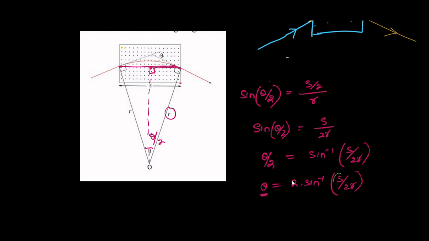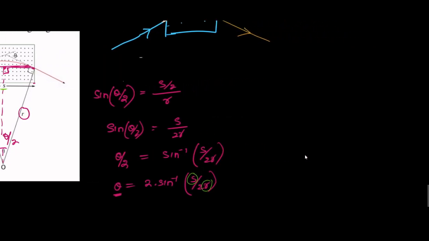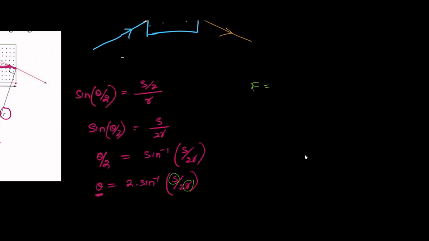So look, this s is going to be a constant, the region. Next we have r. r depends on the magnetic field. Let's see how. We know the equation for a particle in a magnetic field: F is equal to BQV, and as it is a circular motion, it is mv squared over r.